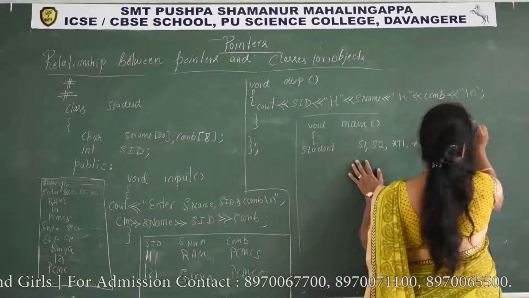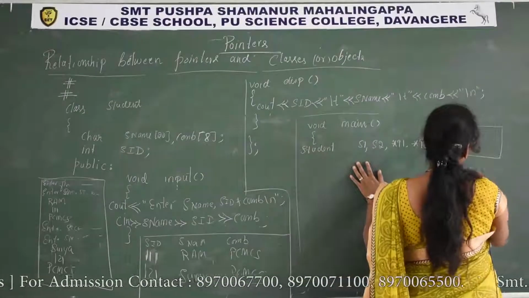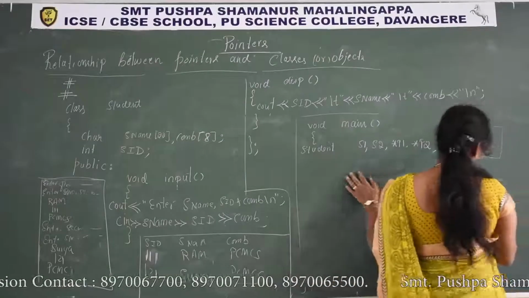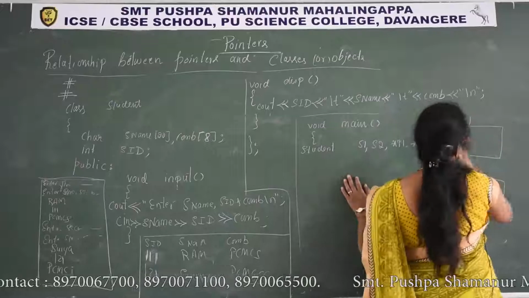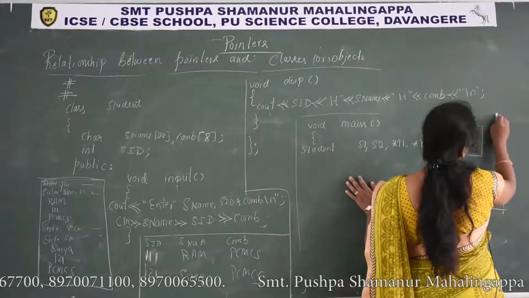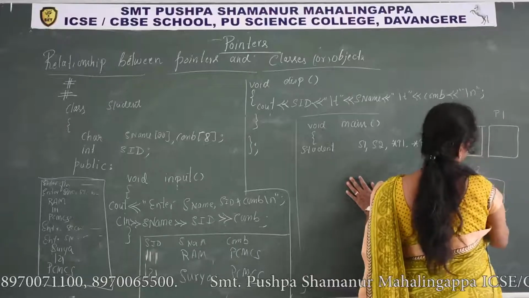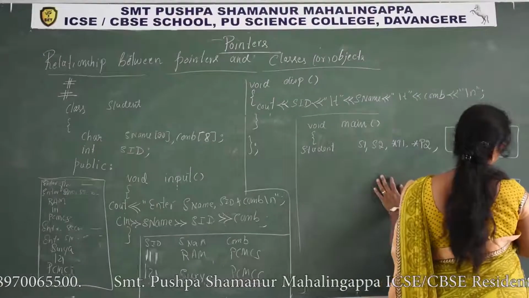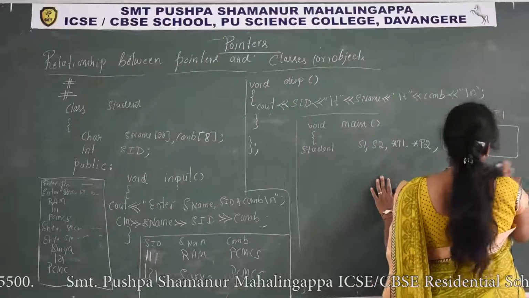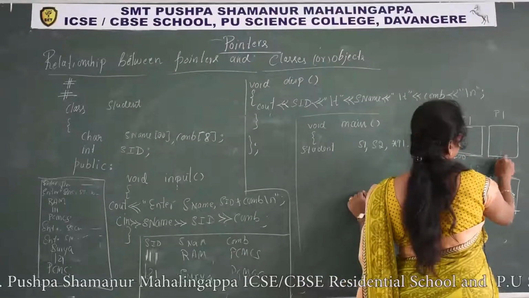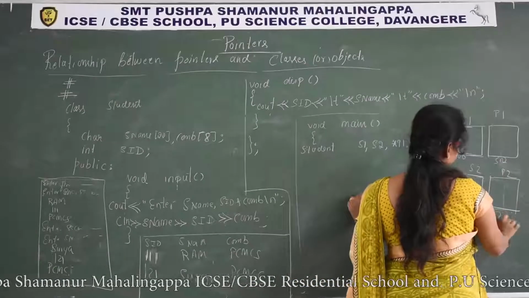When I write these statements, as usual, memory is allocated for S1, S2, and for P1 and for P2. Addresses 200, 300, 500, 700.